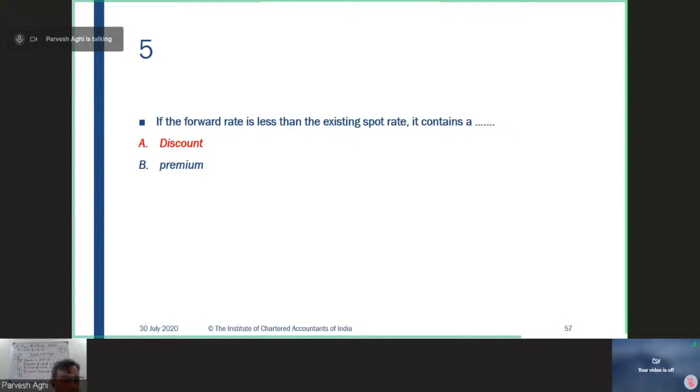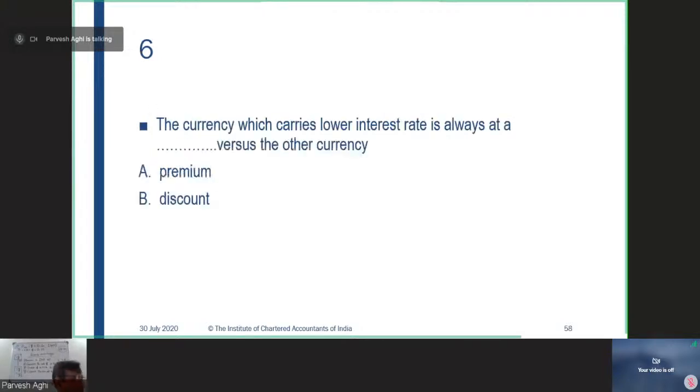Okay. So let's go to question number 6 now. I'll wait for your responses for question number 5. The currency which carries a lower interest rate is always at dash versus the other currencies, at a premium or discount. So this is question number 6.